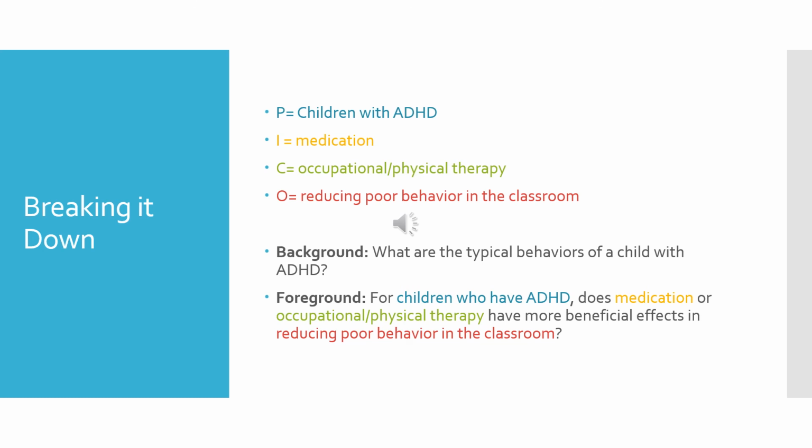And then if you want to take it one step further, you can always add that foreground, very specific question and make sure to go back to PICO to check if you've hit each component, and then you should be good with your foreground question. So for the P, we have children who have ADHD. The intervention is medication. The comparative intervention is occupational therapy and physical therapy. And then the outcome is to reduce poor behavior in the classroom.